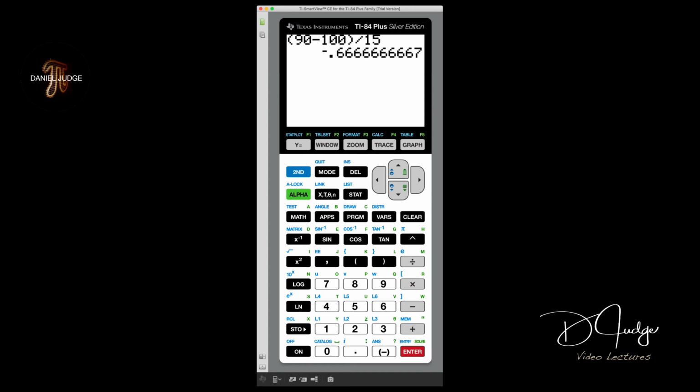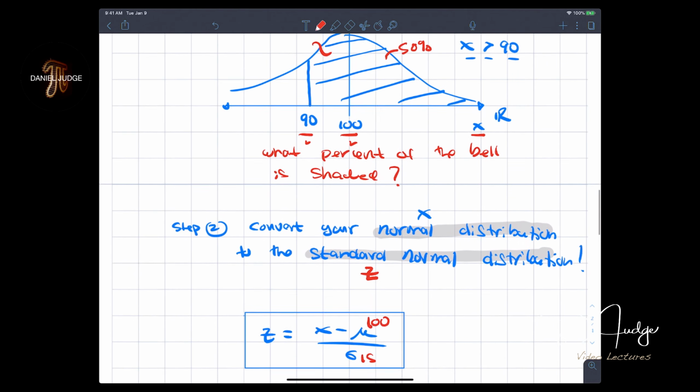So in this case, z is a negative 0.67. Okay? Because of the nearest hundredths. And I'll explain to you in a second why you do that. But okay. So then you go back to the iPad and say we got this z value to the nearest, again, hundredths always. Negative 0.67.